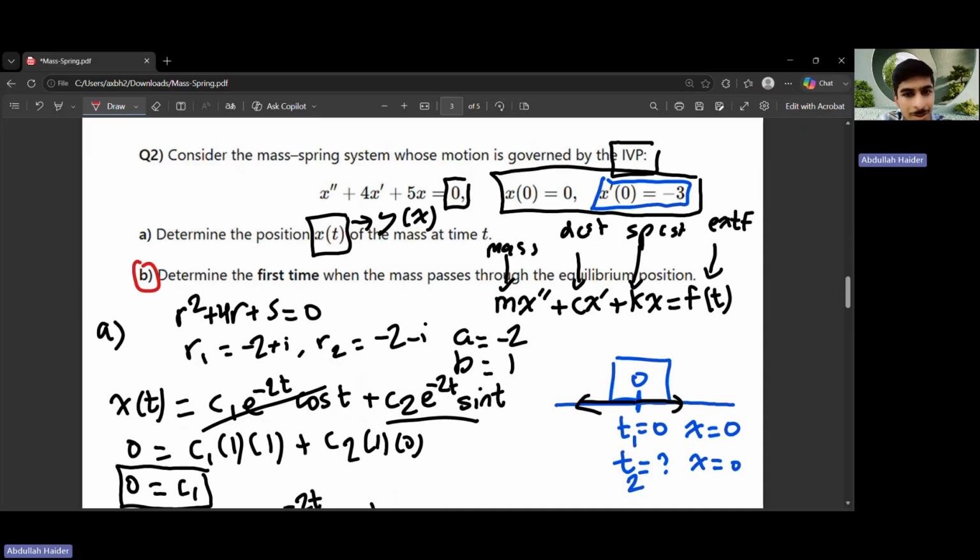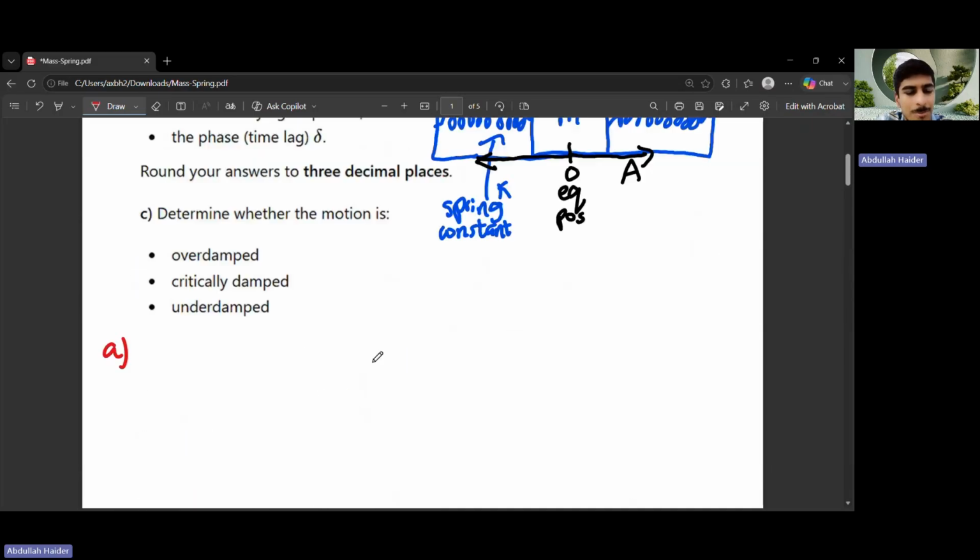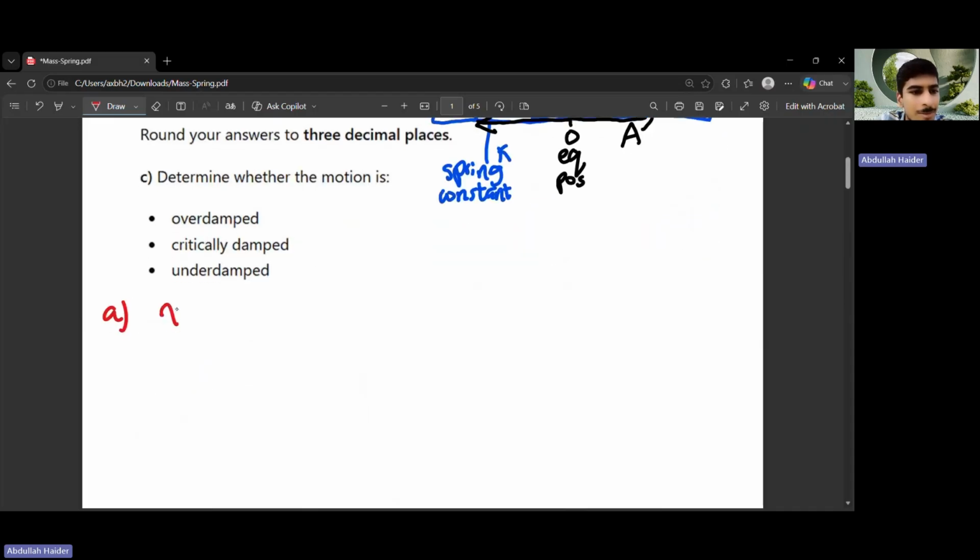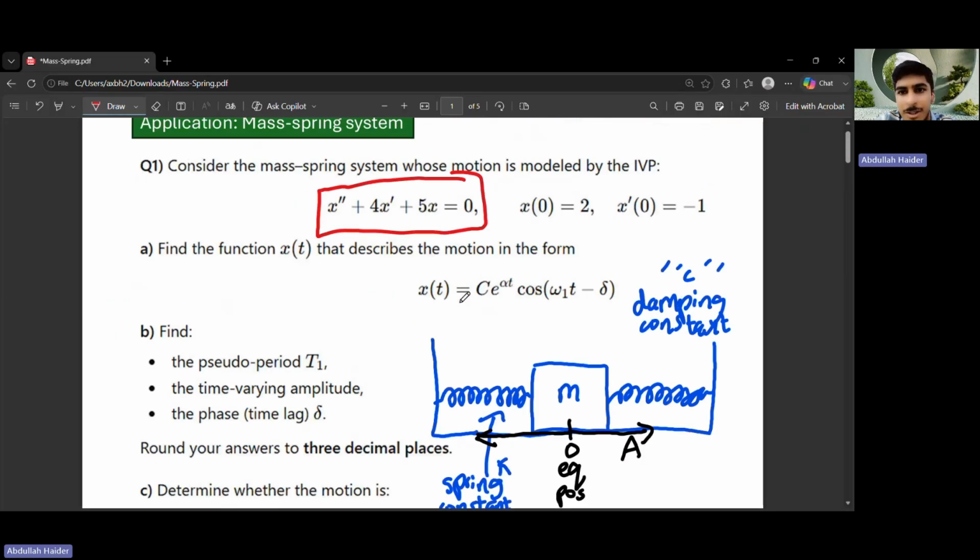So x of t is equal to c1 e power -2t cosine t plus c2 e power -2t sine t.